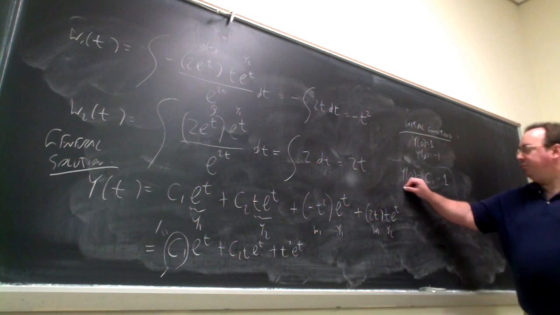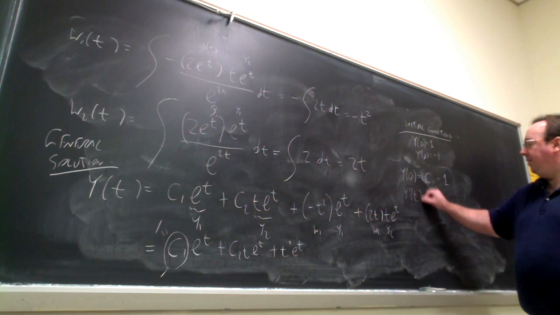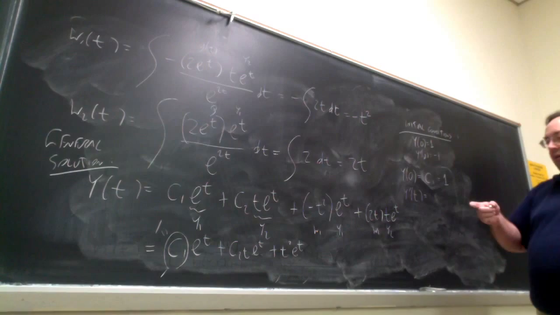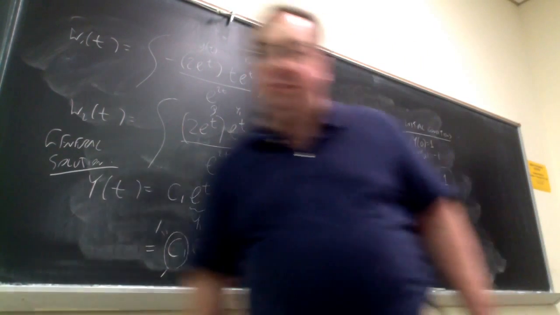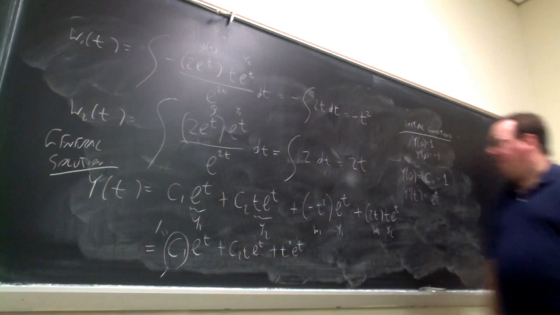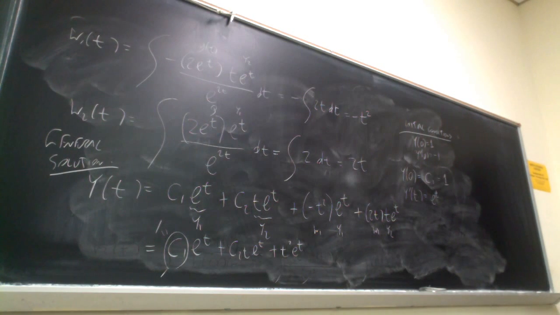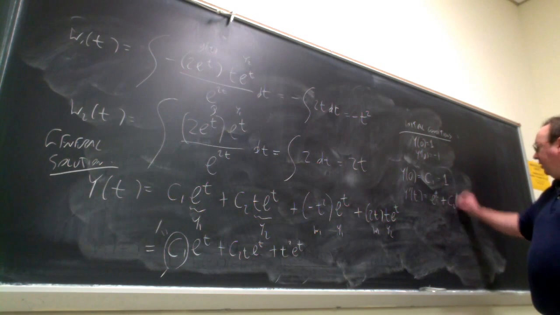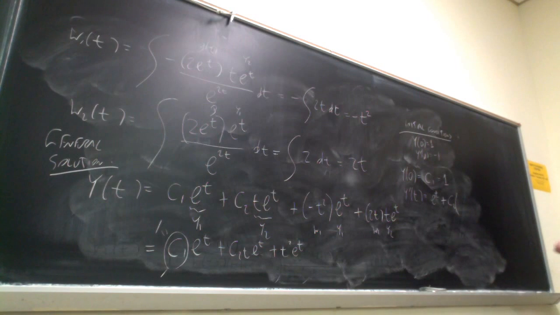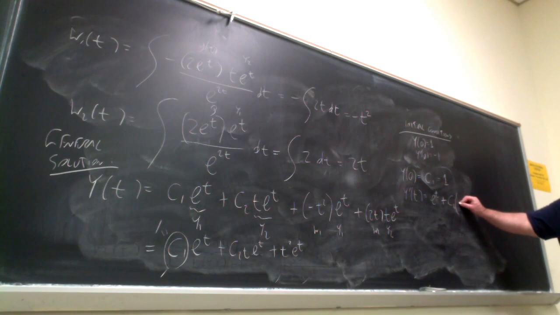And then we need the derivative. Well, for the first term, this is just going to be e to the t. And then for the rest, unfortunately, the product rule is needed. So what's the product rule going to give us for the next term? e to the t plus t e to the t.